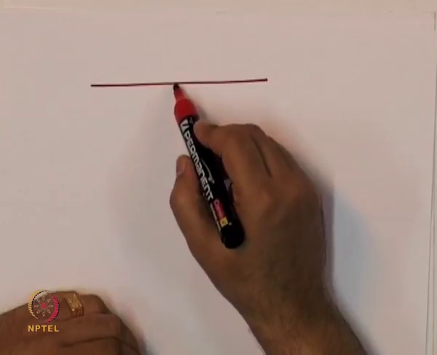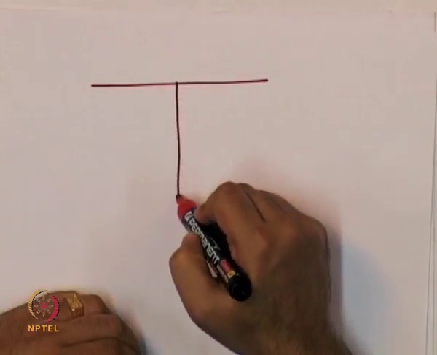Let us assume that I have a grain structure, which means there are two grains, and let us also suppose that the grain boundary separating these two phases is cutting the surface in a perpendicular manner. So, it is like this. I have a surface and I have a grain boundary.